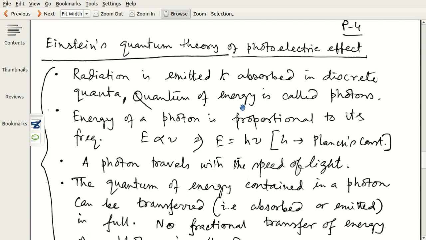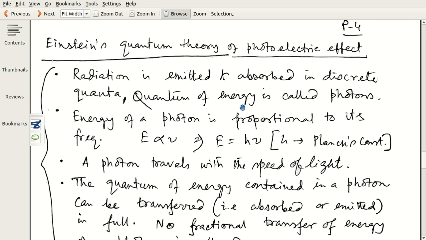So the explanation of the photoelectric effect came from Einstein's theory. Einstein used the concept of Max Planck. Note that Max Planck, in his theory for black body radiation, considered that the oscillation of molecular dipoles was quantized, and the oscillation cannot take place at any frequency.